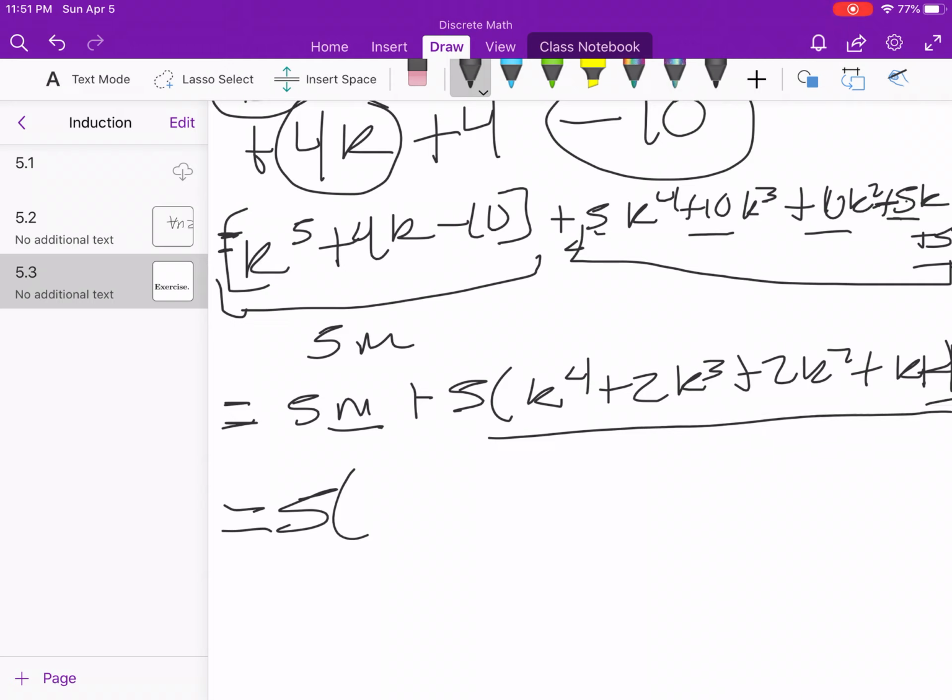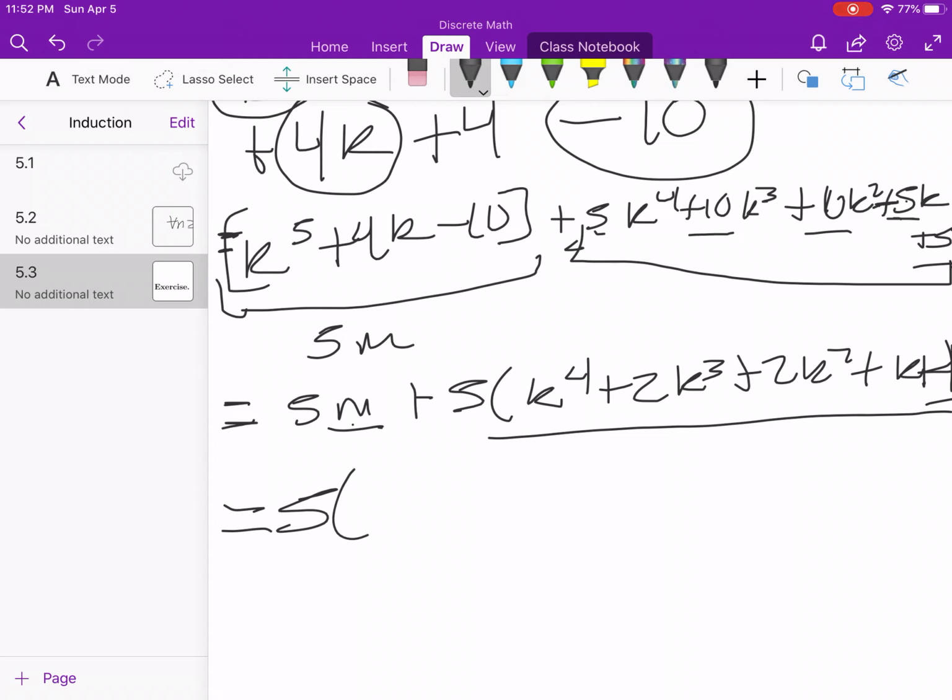Now, what do I know? I know that m is an integer, because by our inductive hypothesis, this was divisible by 5. So I know that there's an integer m that can go there. And all of these k values here are just natural numbers, the numbers 0, 1, 2, 3, all the way up.